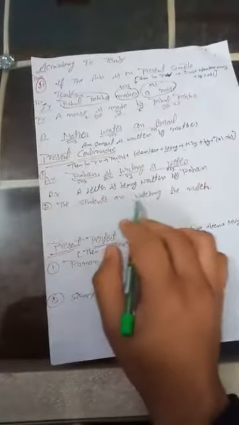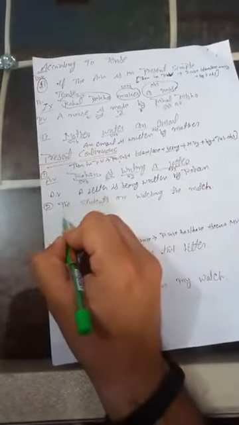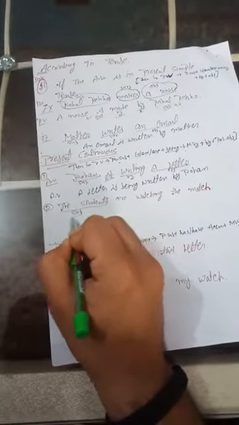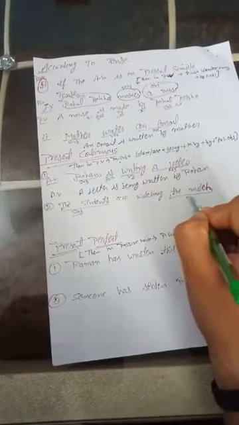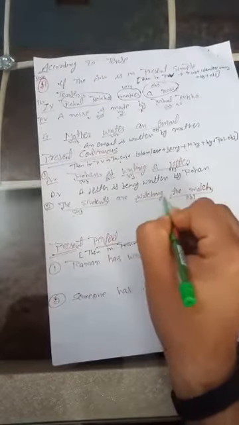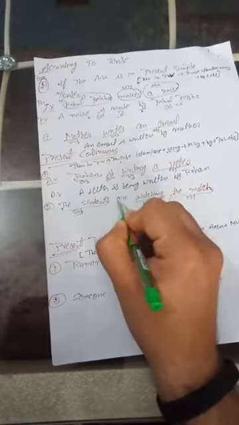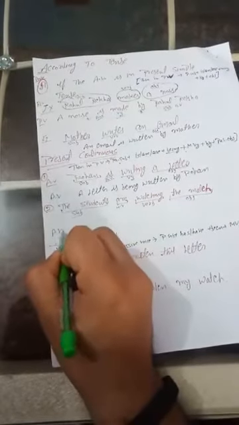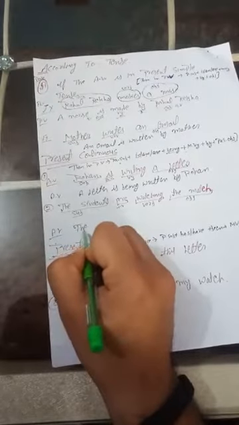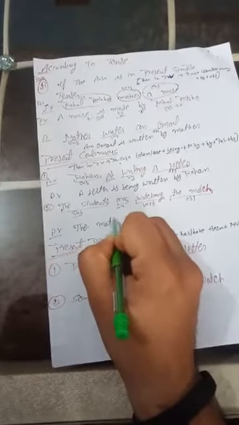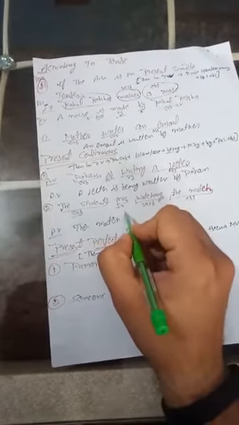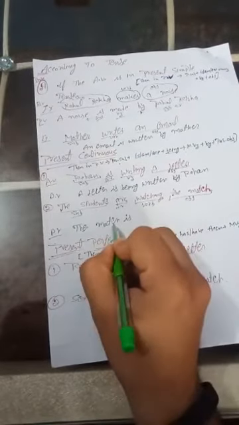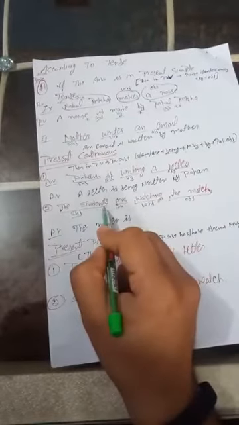Another example: the students are watching the match. Identify, first of all, the subject. The match is the object. Watching is the verb, and are is the helping verb. Change into passive voice: the match. Now we will use the helping verb is instead of are because the match is singular but the students are plural.